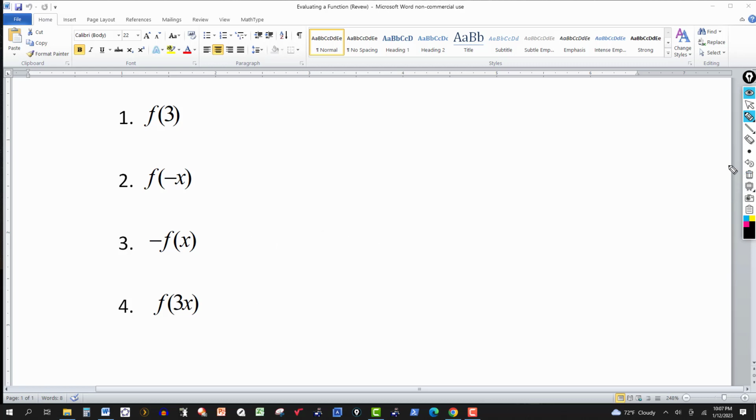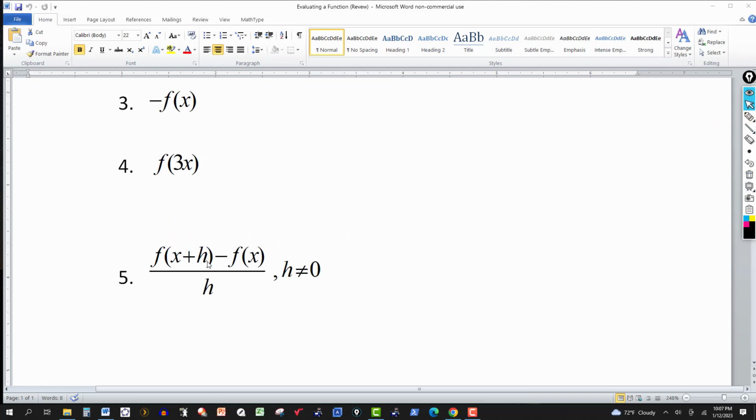Let's clear this then. And then for this one here, we have this expression. This is something that comes up quite a bit when you're dealing with limits, especially in Calculus 1. And this is just evaluating a function. You don't have to know what this means, because we're just doing algebra here. Put it up here. What is that equal to? So you want f of x plus h minus f of x, over h.